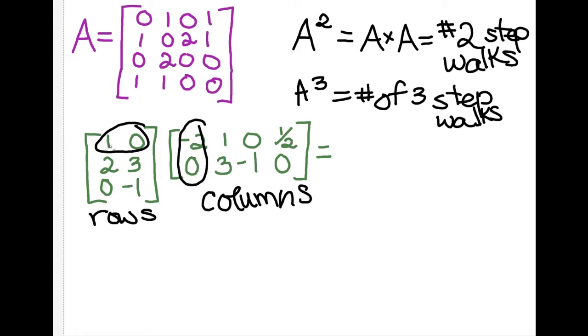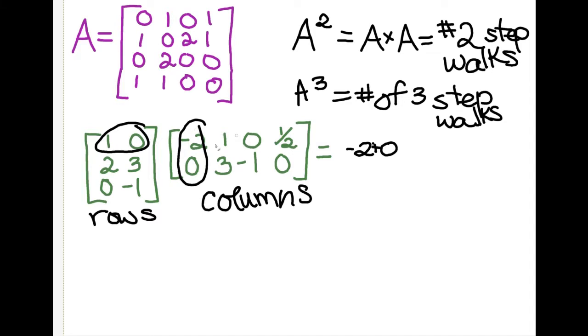And the idea is the first thing in the first row goes with the first thing in the first column. 1 times -2. So 1 times -2 is -2. And then the second thing with the second thing. So 0 times 0. So I would do -2 plus 0. That's my first number in my answer.